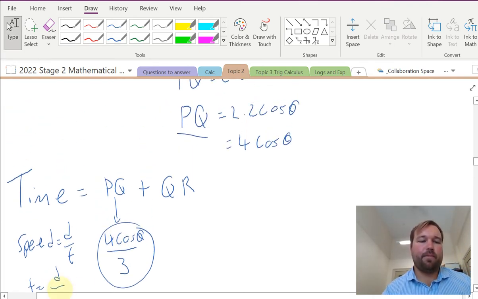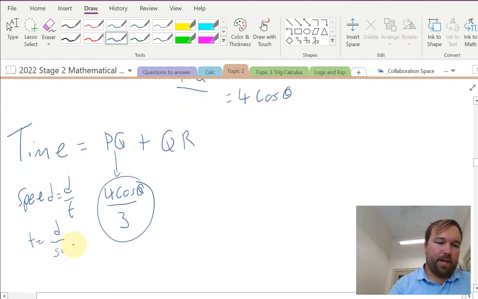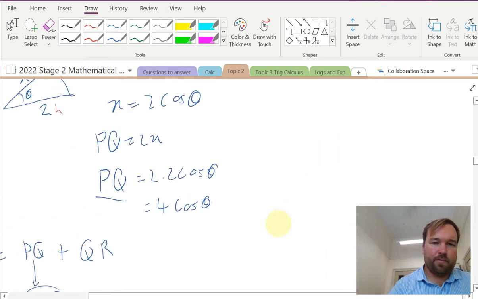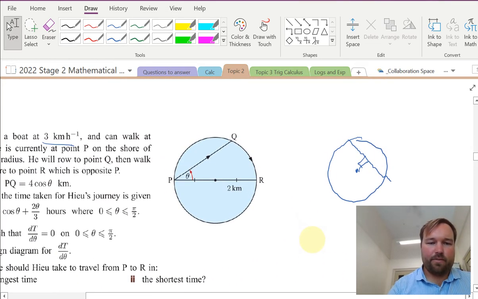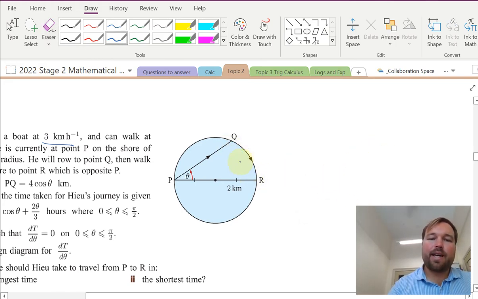Now the QR bit, I know the speed, I don't know the distance. So QR is that distance remaining around the circle there. Alright, once again, we're going to need some circle properties. Now, I'm not sure how many of you are going to be happy with this, but that will be 2 theta. Fun, huh?